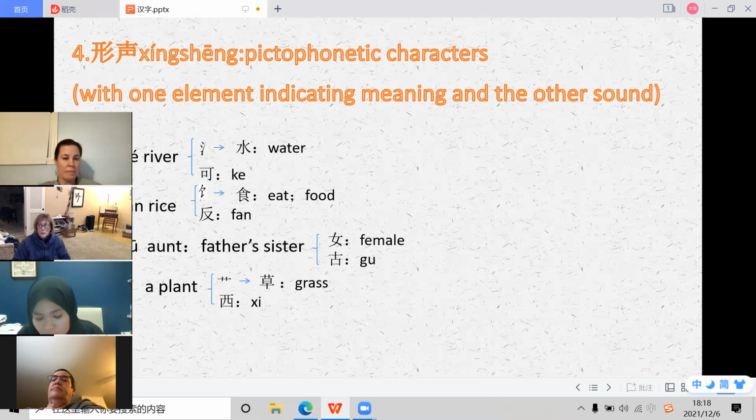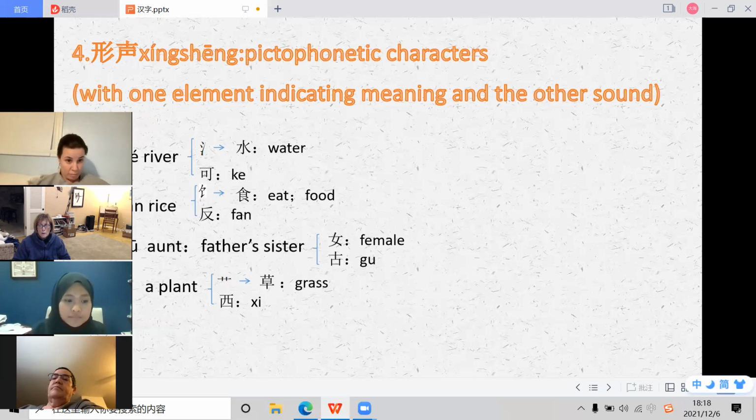And 饭 means rice, and this part is a simplified form of this one. This one is 食, meaning eat or food, and 反 is its pronunciation. So they combine to form this character 饭.